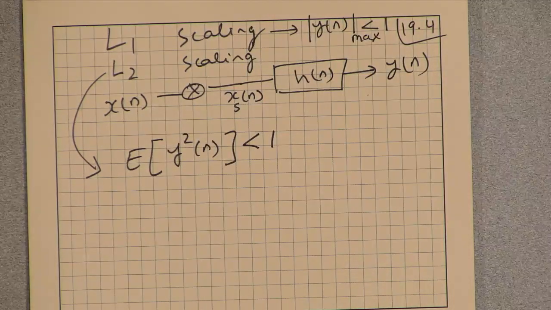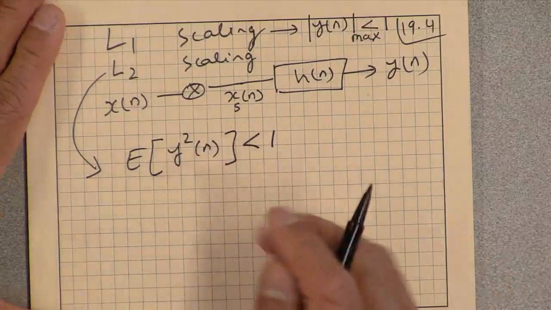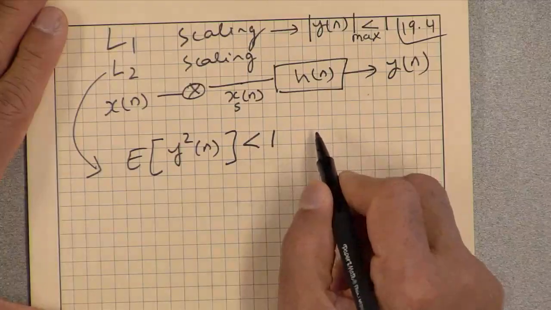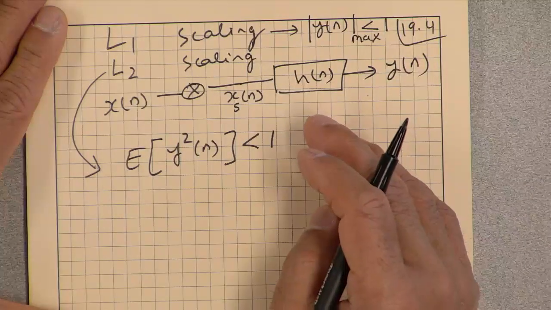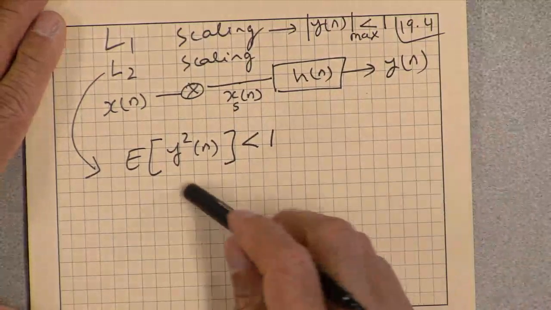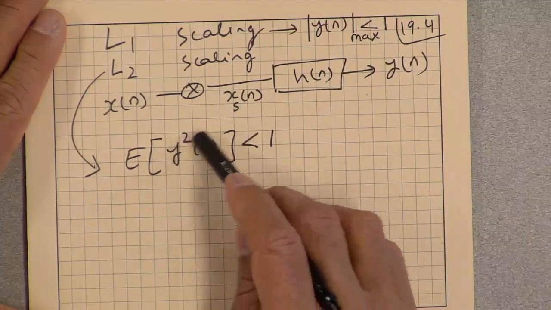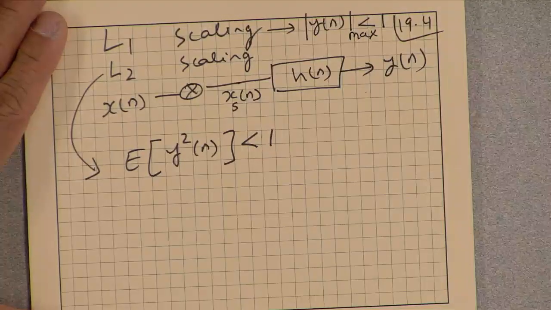The 2 means simply it's in the square sense, not the absolute value sense. So it's okay if the output goes more than 10 or 100 some of the time, as long as the expected value in the square sense is less than 1, then it is okay.